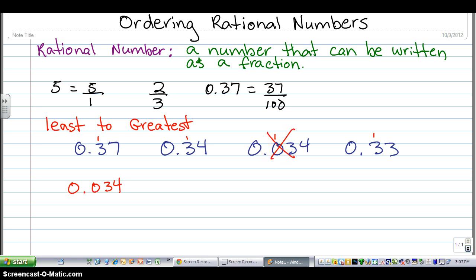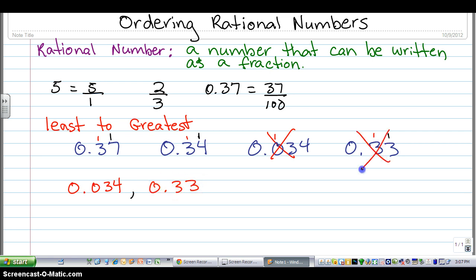Now let's look at the second number. Okay, we have a 7, a 4, so far that one's smaller, and a 3. Which one's smaller out of all of those? This one. So that is going to be the next one in order, 0.33.